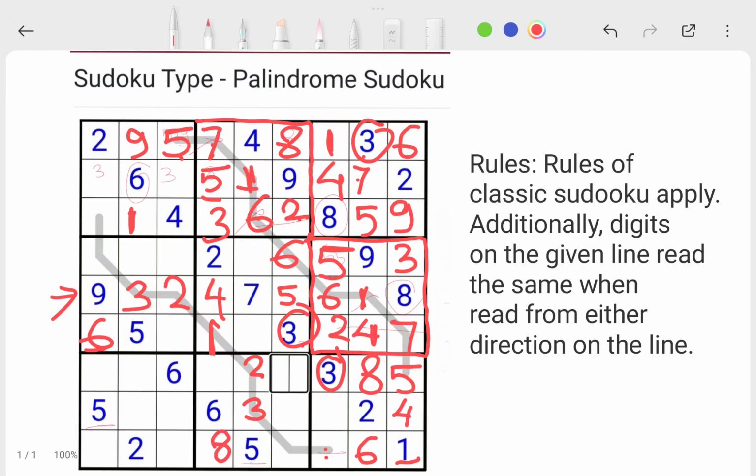Now in this middle box, only two numbers are left, that is 9 and 8. And because of this 9, 9 will come here, and this is 8. Go with the classics. 8, 3, 7, 7, 9, 9, 9.